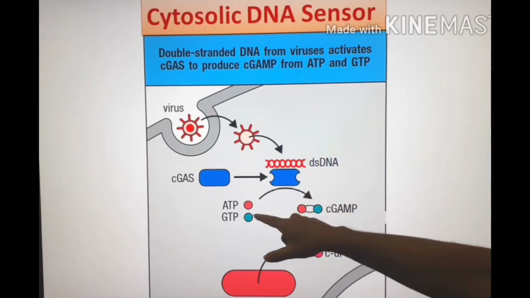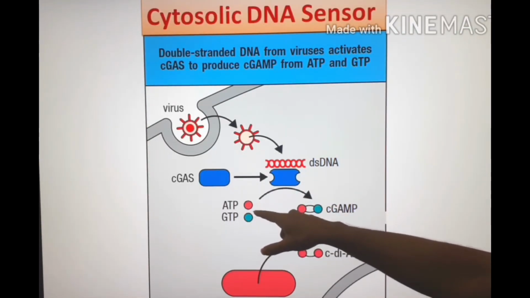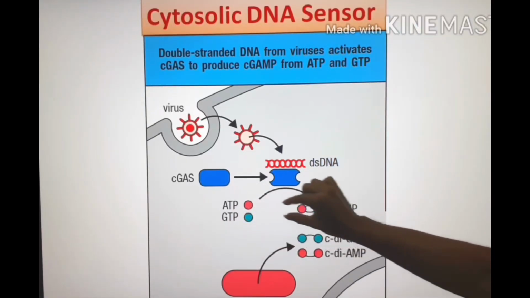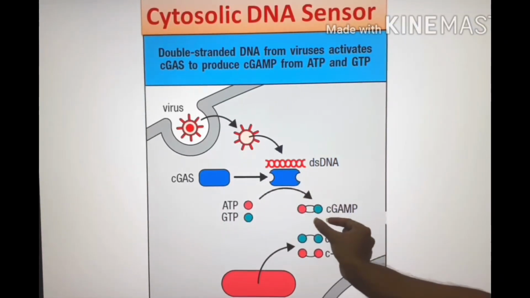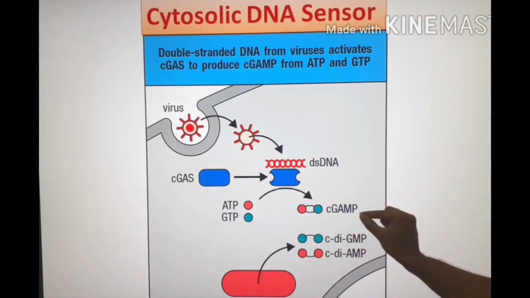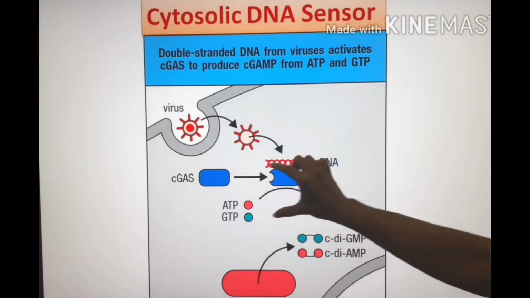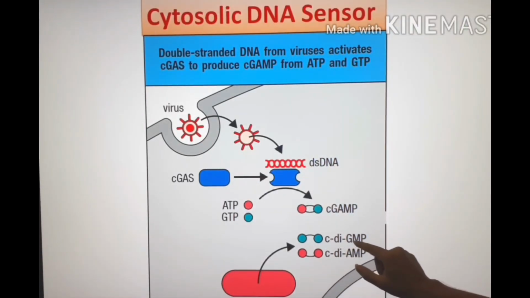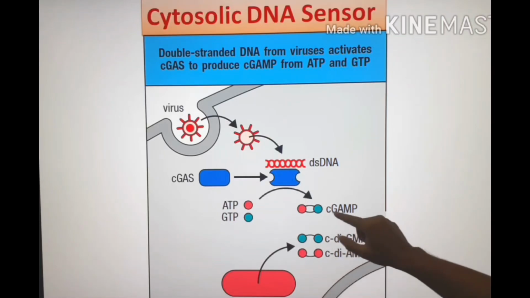In our body, ATP and GTP are present. They become cyclic AMP and cyclic GMP, and these two molecules bind with each other to form cyclic guanosine adenosine monophosphate, cGAMP. This is produced by virus DNA. Bacteria can also produce cyclic di-guanosine monophosphate and cyclic di-AMP. Bacteria do not produce cGAMP.